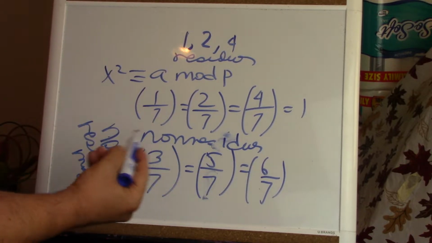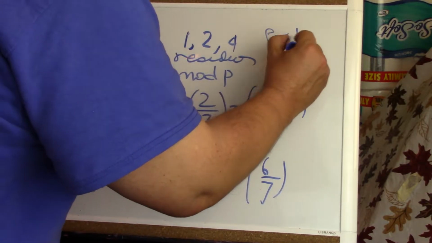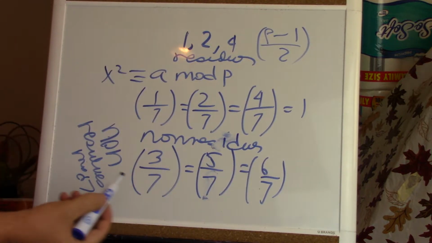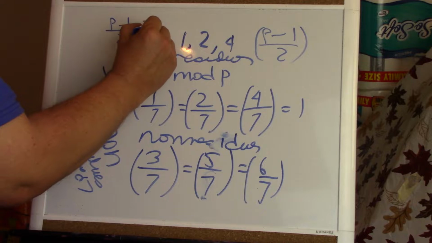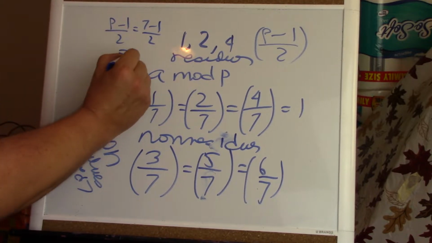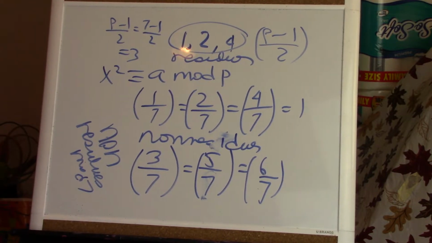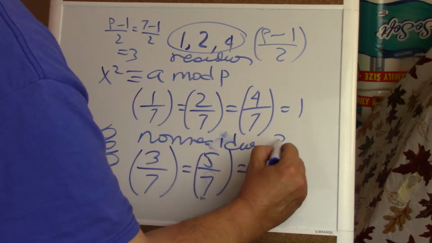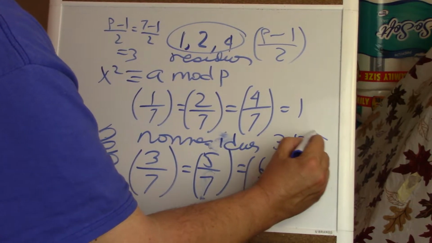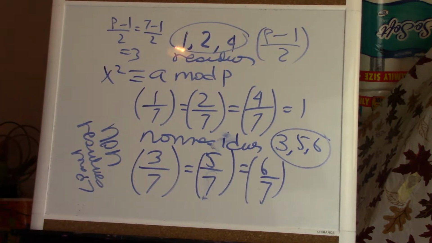And there's a little theorem that says that there are (p minus 1)/2 of each of these categories. Sure enough, (p minus 1)/2 is (7 minus 1)/2, which is equal to 3. So there's going to be 3 residues, and 3, 5, 6, 3 non-residues.